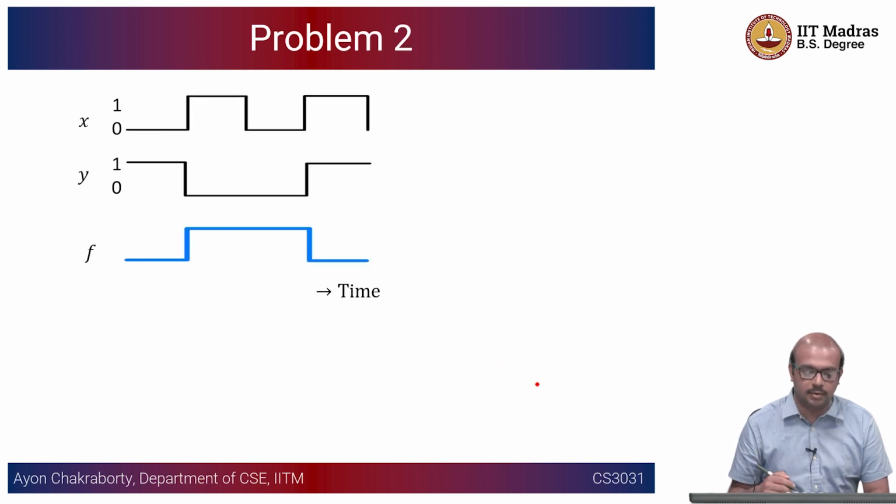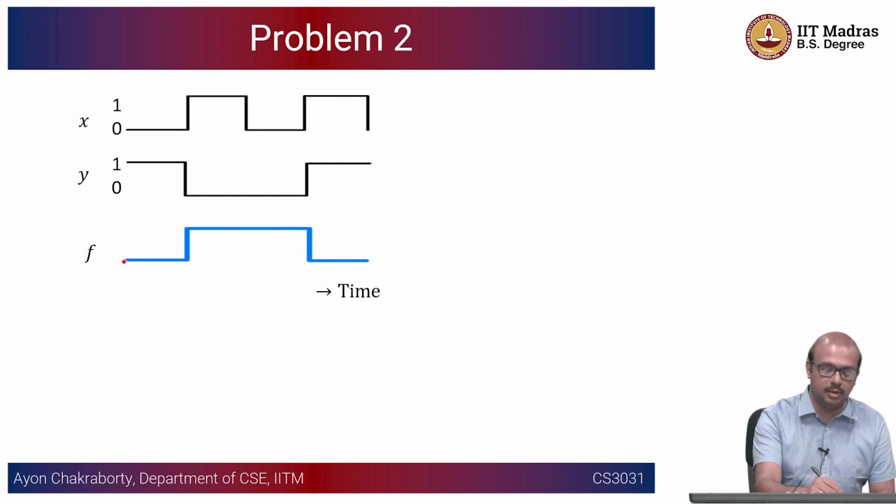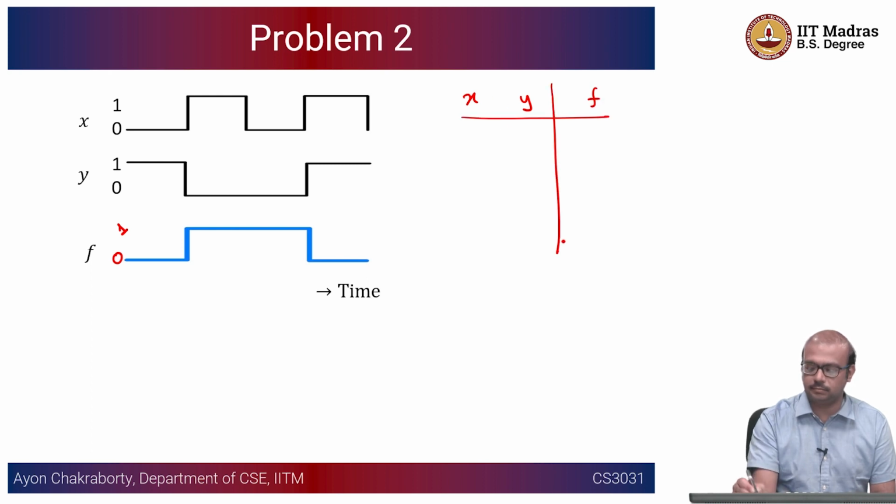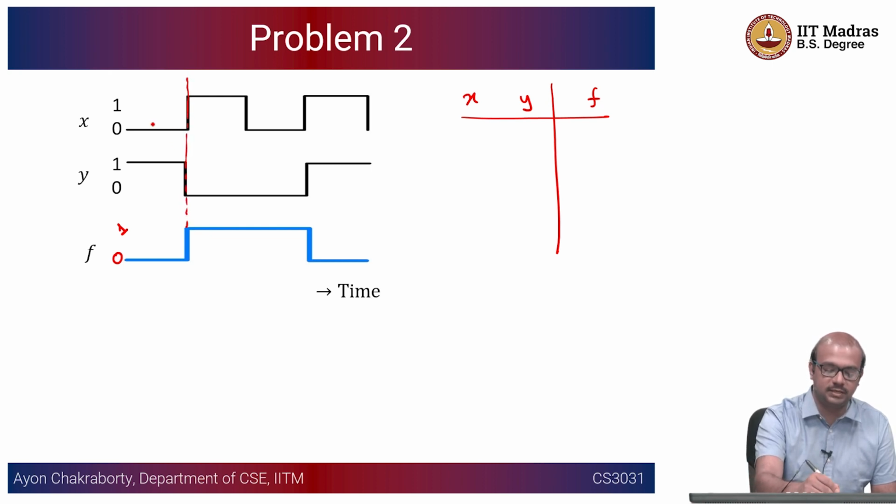One more problem we have here is this timing diagram. Again, this is logic low, this is logic 1, high. Similarly, you have to put down the same thing: x, y and f. So for the first chunk of the inputs before it changes, x is equal to 0, y is equal to 1, right?